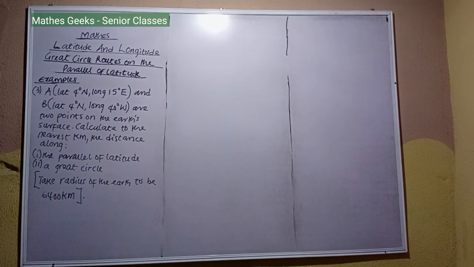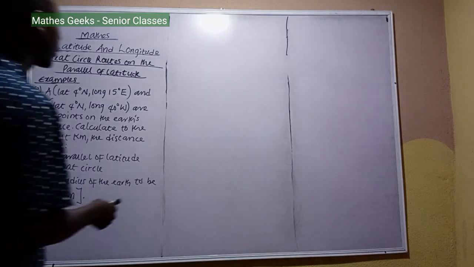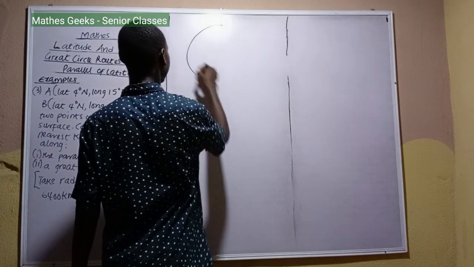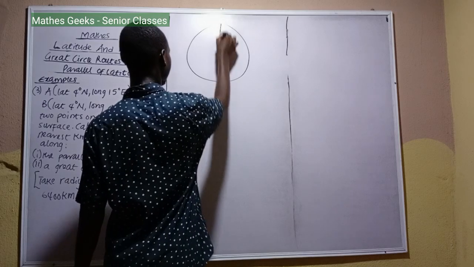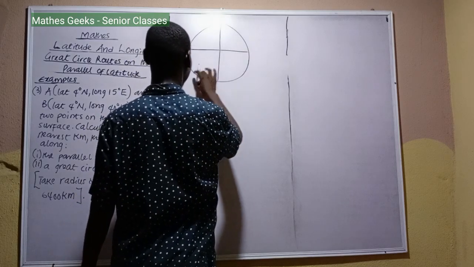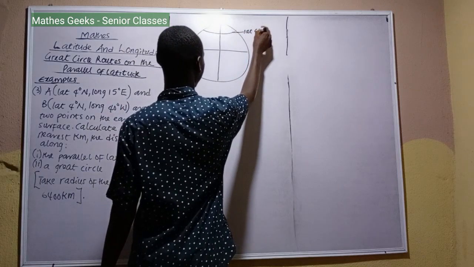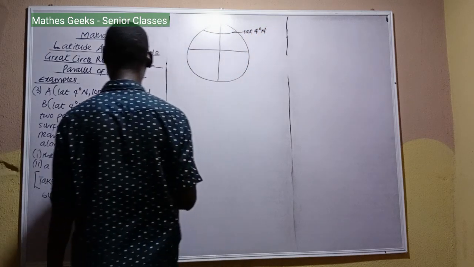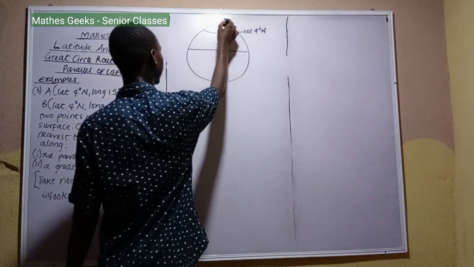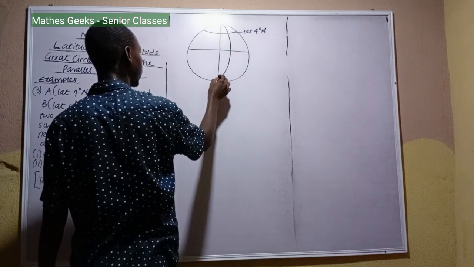A, latitude 4 degrees north, longitude 15 degrees east, and B, latitude 4 degrees north, longitude 40 degrees west, are 2 points on the Earth's surface. Calculate to the nearest kilometer the distance along the parallel of latitude, a great circle. So latitude 4 degrees north, and point A, longitude 15 degrees east.